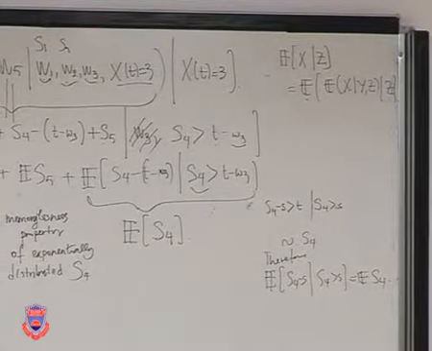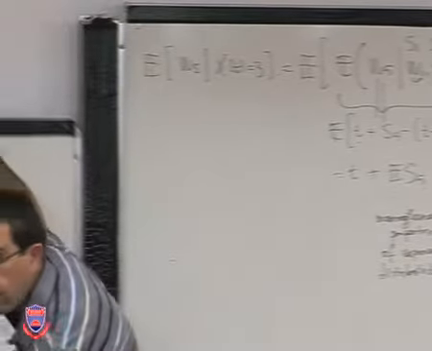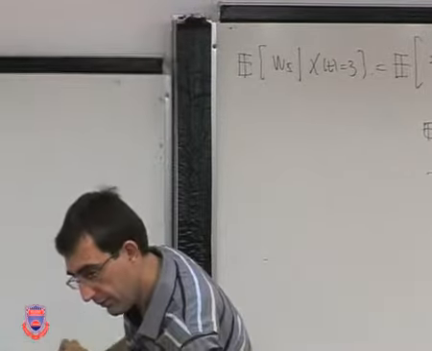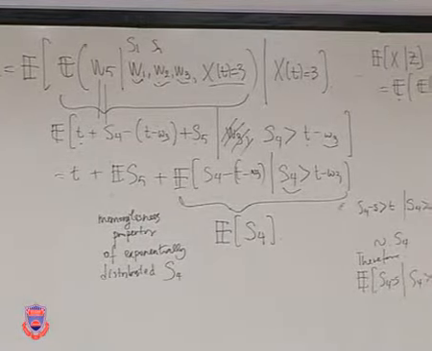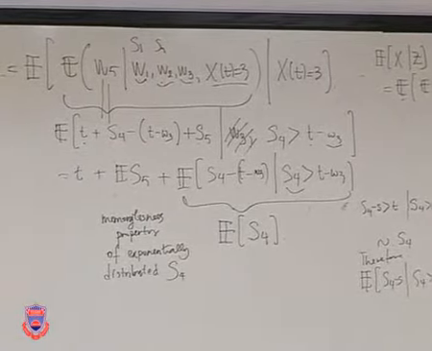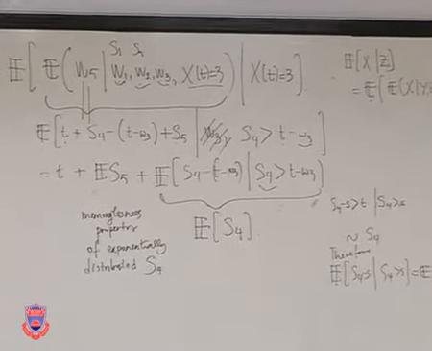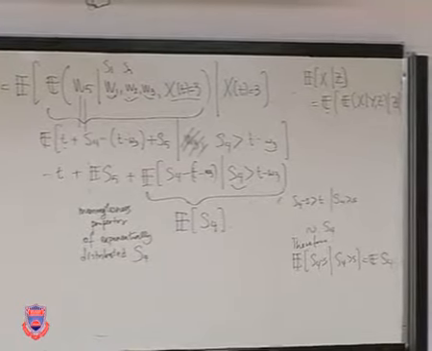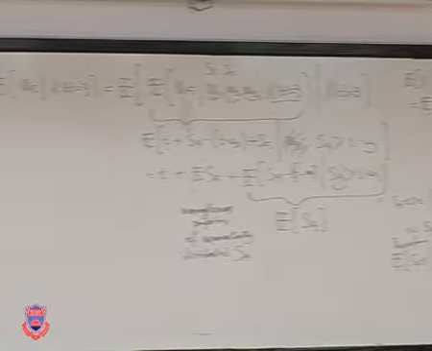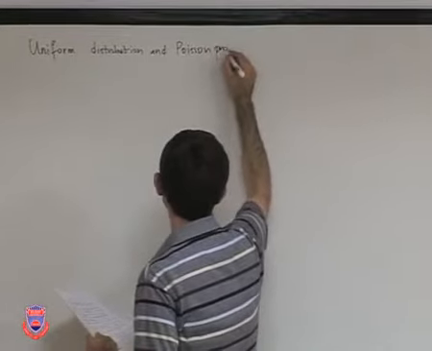All right. Now, why don't I look at the connection between the uniform distribution and the Poisson process that I pointed out a couple of minutes ago. Uniform distribution and its relation to Poisson process.